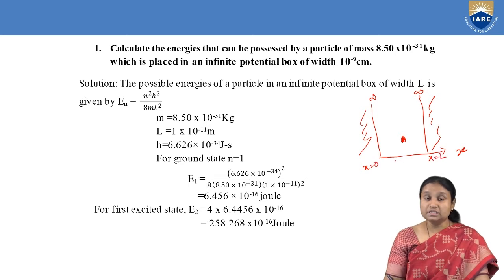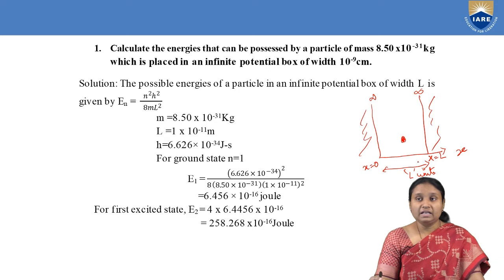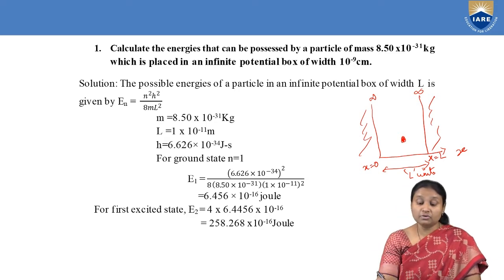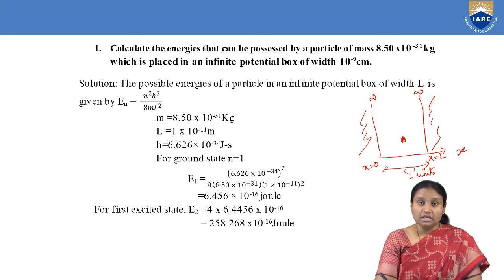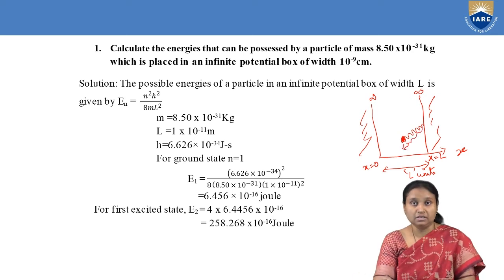So what is the width of the region? That width is L units. If you have such a box made for an electron, first it was a free electron moving freely along the x direction. But once we take those two regions of infinite potential, when the electron comes to this region of infinite potential, it won't be able to overcome it. It gets bounced back.